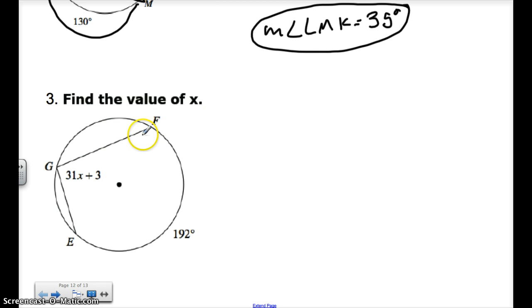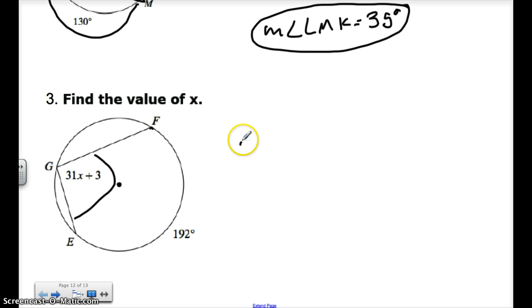We want to find the value of x. Now, this one, we know our inscribed angle is 3x plus 3, and we know our arc is 192. So here's what we could do. Remember, we know that the inscribed angle times 2 is going to equal the intercepted arc.